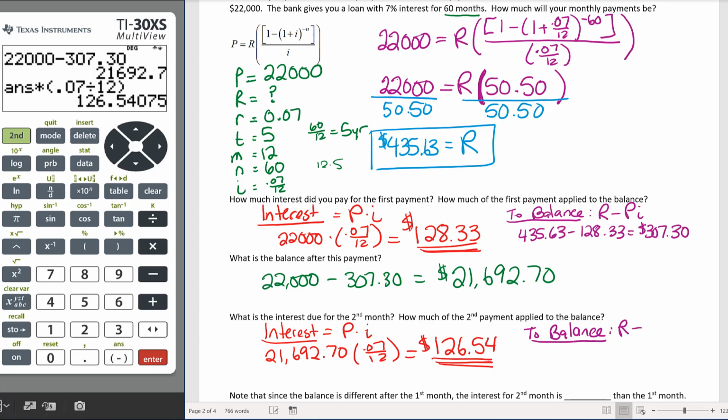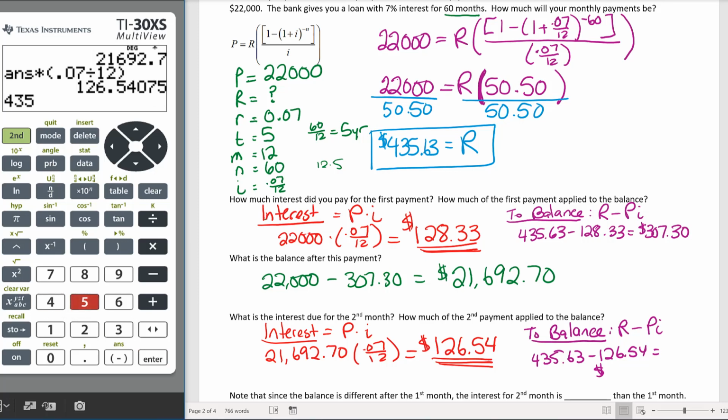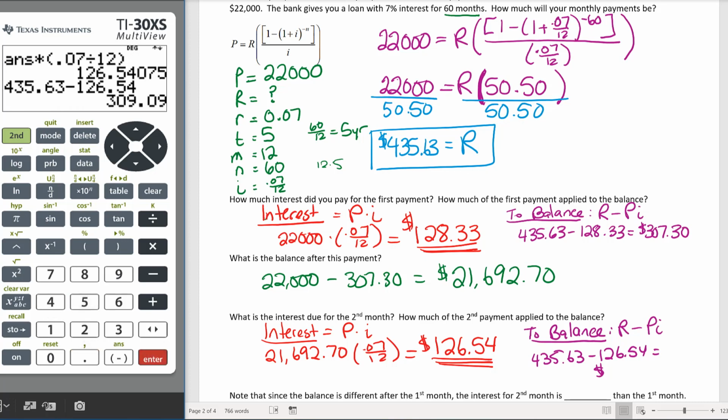So I'm going to take that recurring payment minus my new interest, so $435.63 minus the interest that I paid for the second month, 126.54, and that's going to be $309.09.